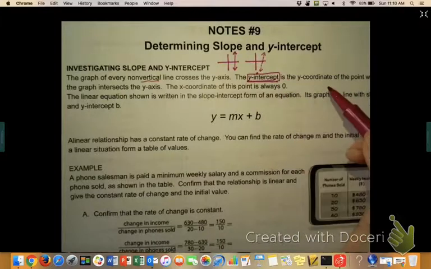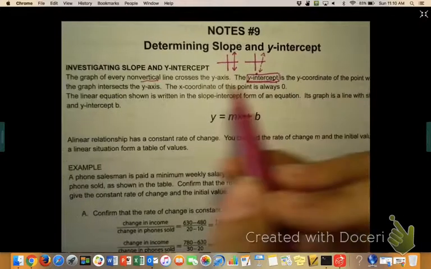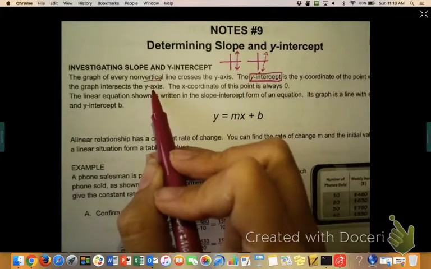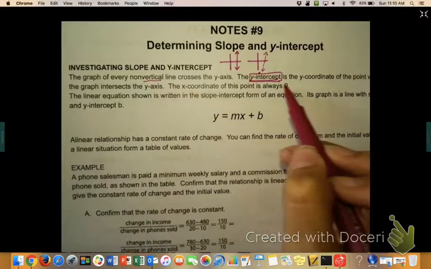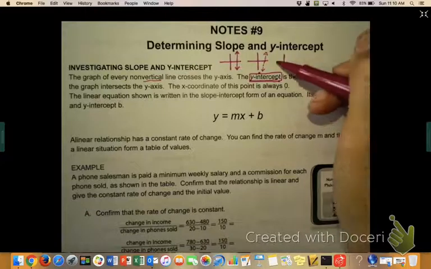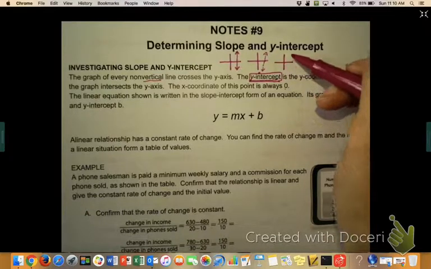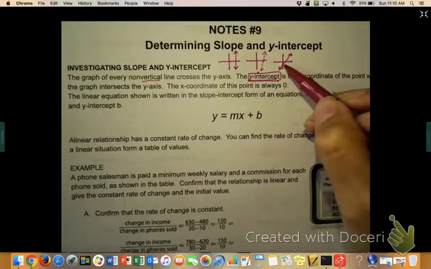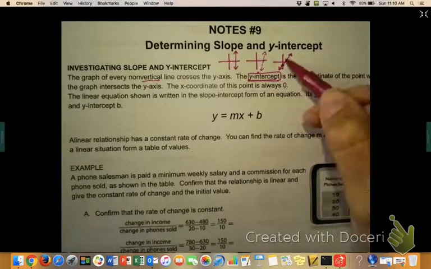And when it does that, the y-coordinate would be where it touches the y-axis, and the x-coordinate would be 0. That makes sense because let's look at one more little graph up here. If my line looked like this, it would touch the y-axis at, let's just say, -2.